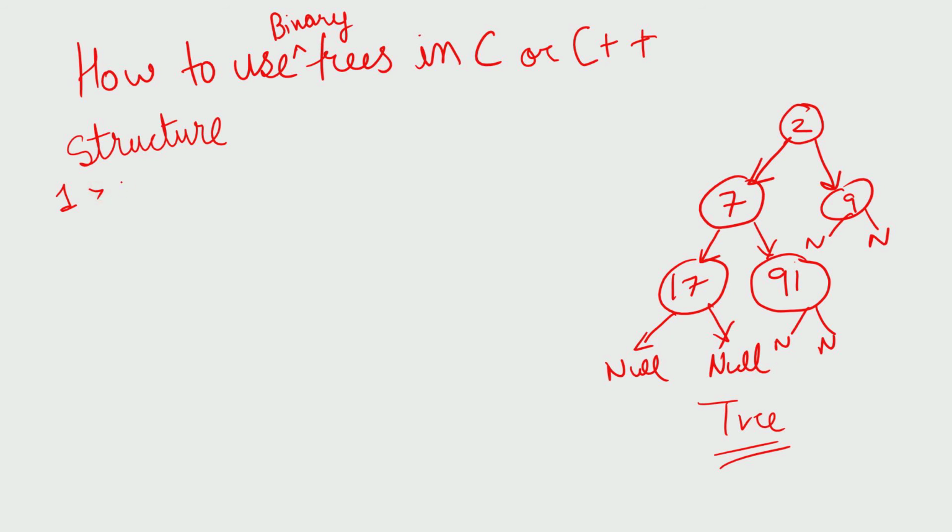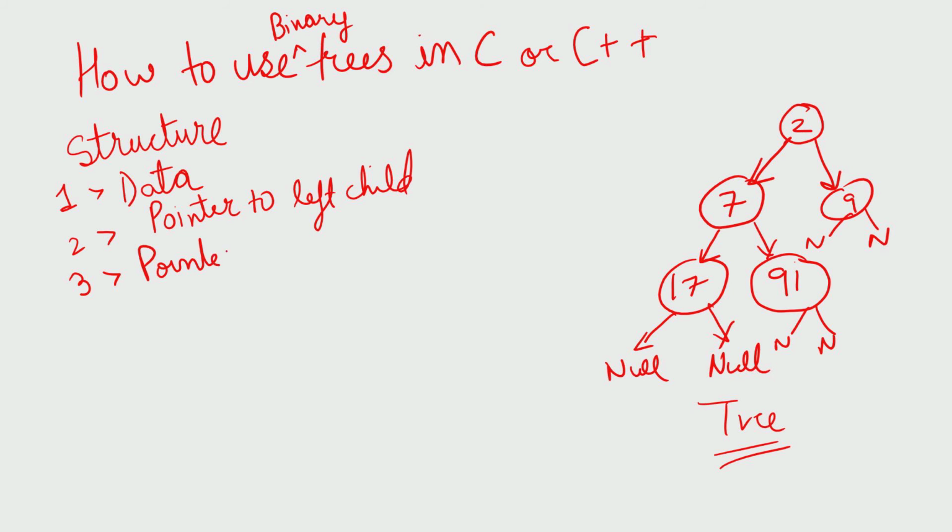The first thing that I will keep is data. The second thing that I'll keep is a pointer to the left child. And the third thing that I want to keep is a pointer to the right child. Why so? I'll tell you.